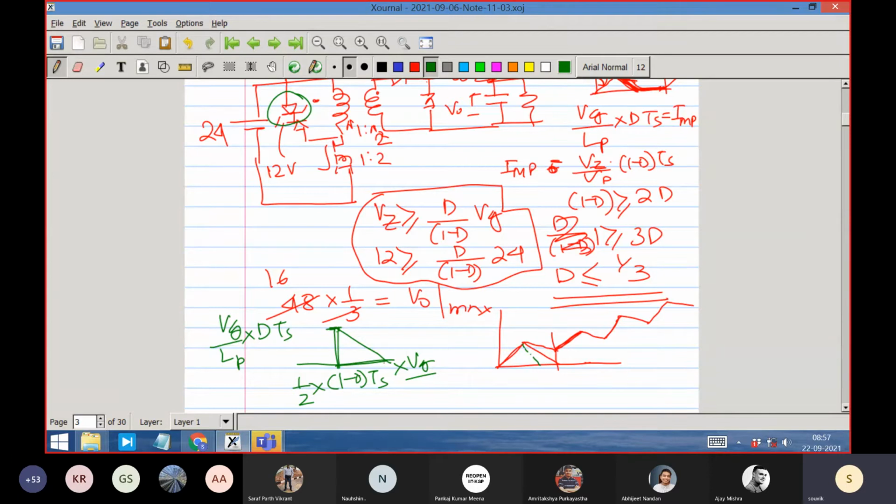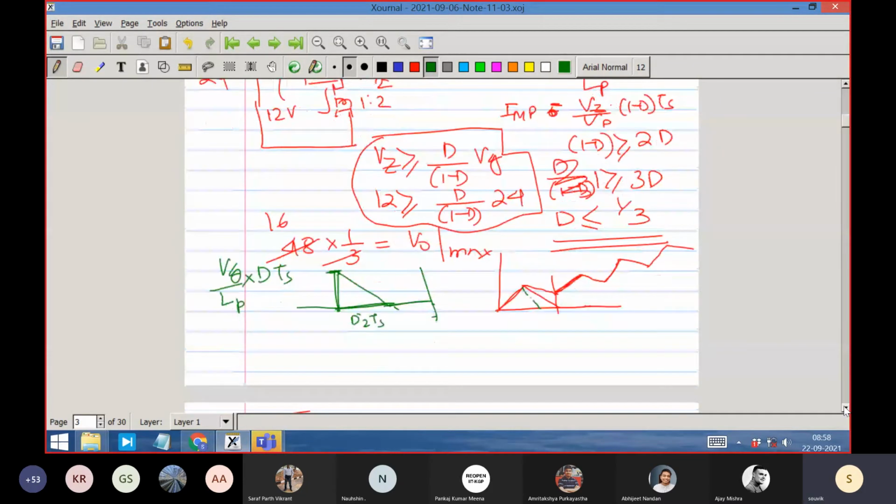So this is not 1 minus dTs. This will reset earlier. Sorry. So how much time will it take to come down? I will say it is discontinuous mode, so it is D2 Ts. How much time will it take to come down?